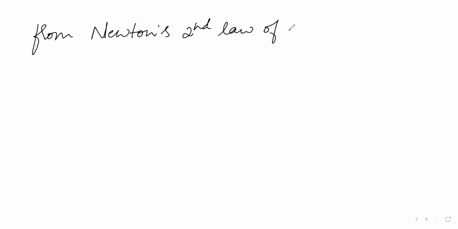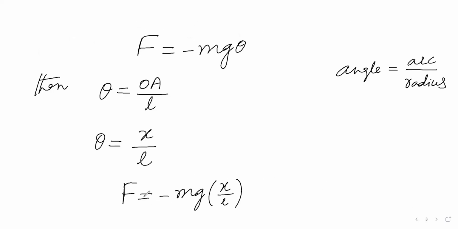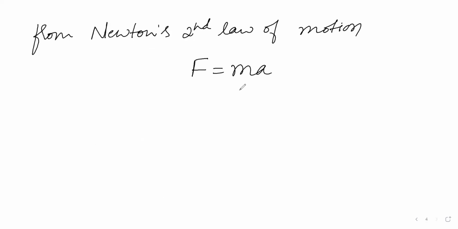Then from Newton's second law of motion, F equals ma. Now we can compare with the previous equation. F equals minus mg into x by L is there. So now F equals ma.